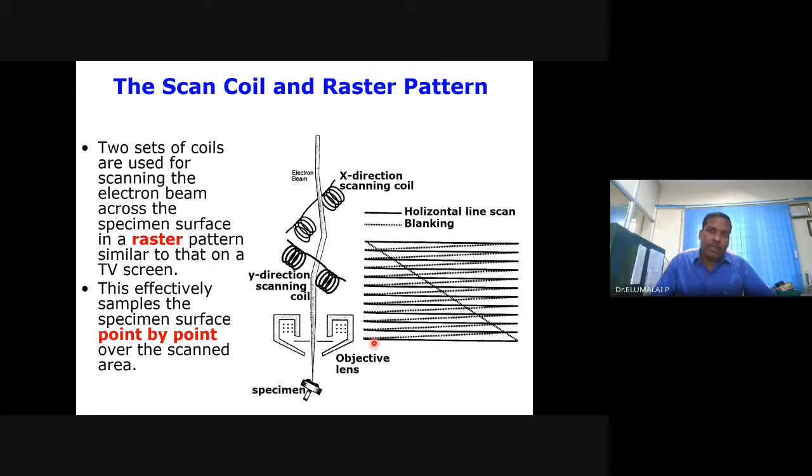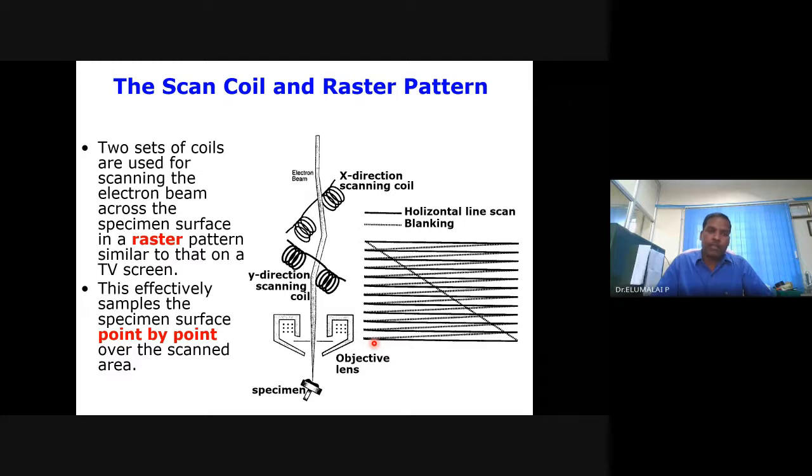And it is a raster pattern. It's not patterning of the overall area; it's point by point patterning. It means you will be able to get very fine information on the material's features on the surface.